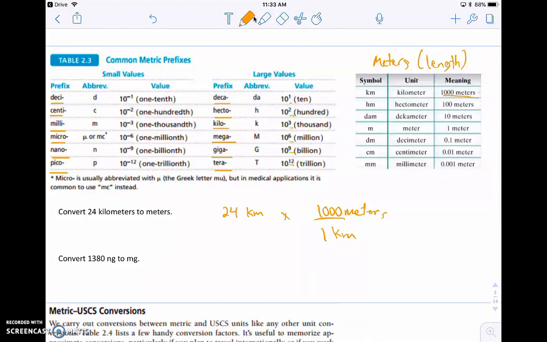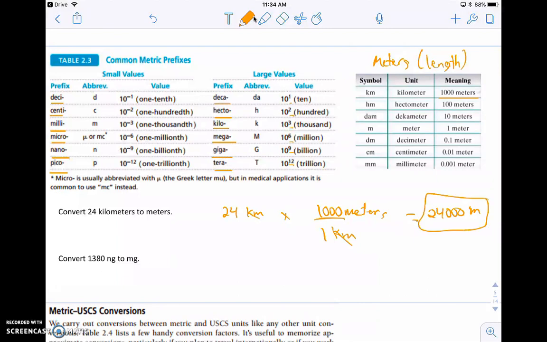And again, that's kind of right here. So our kilometers cancel, and this would be 24,000 meters.